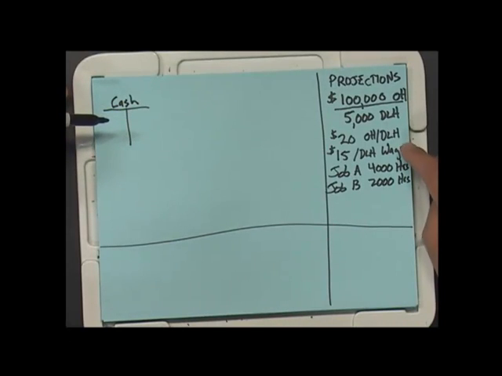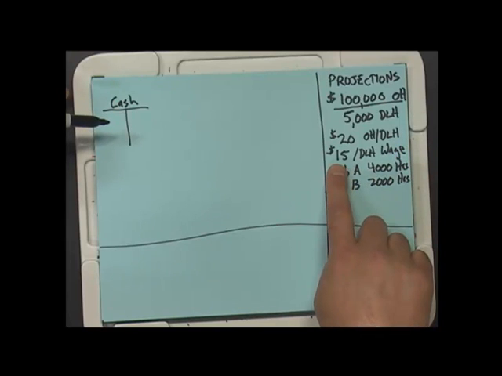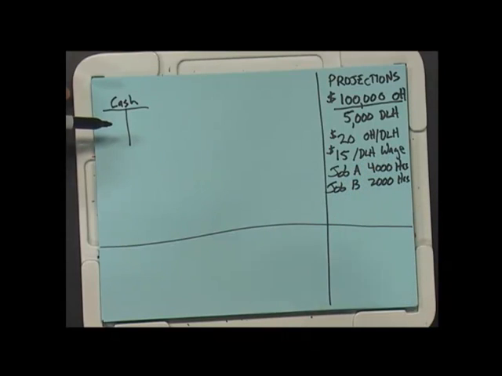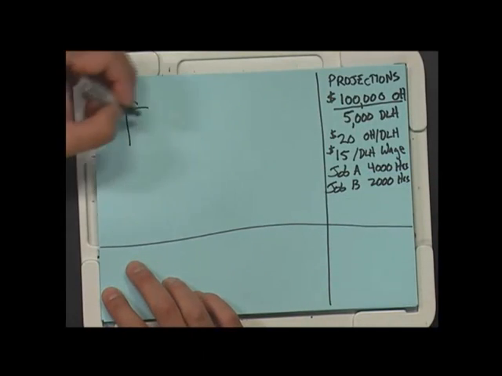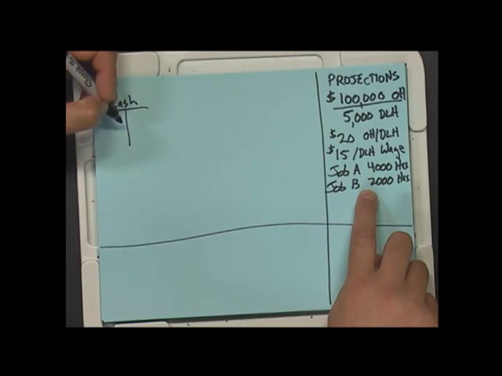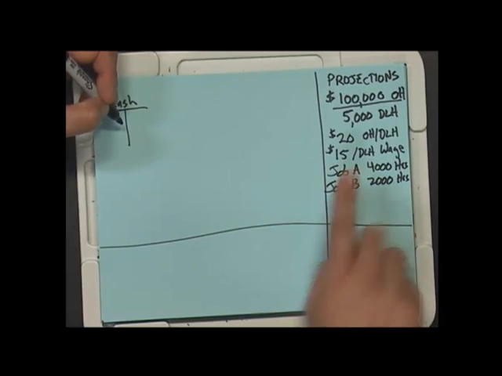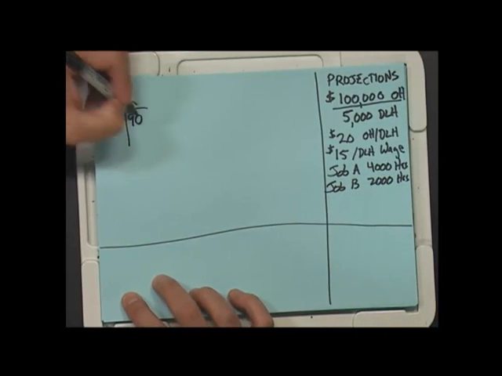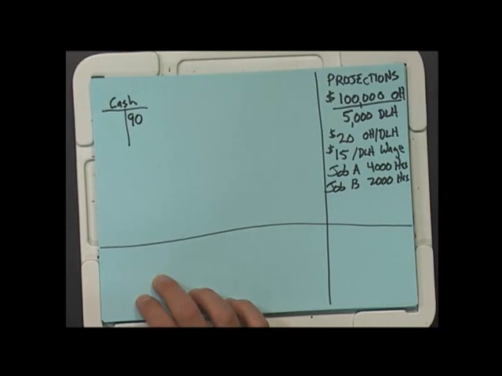Well, the first thing that I want to account for is our direct cost here of $15 per hour that we have to pay to the worker. And since we have a total of 6,000 hours at $15 an hour, that's going to be 90,000 total of cash, and I'm assuming we're paying our workers in cash because I've used up the liability section.